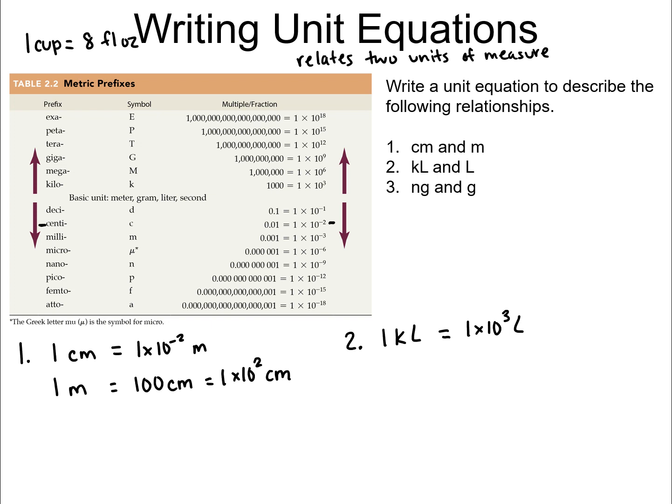The other thing that you could have is 1 liter is equal to 1 times 10 to the minus 3 kiloliters. Those two unit equations describe the same relationship, but it's much easier to get this top one from the chart directly.